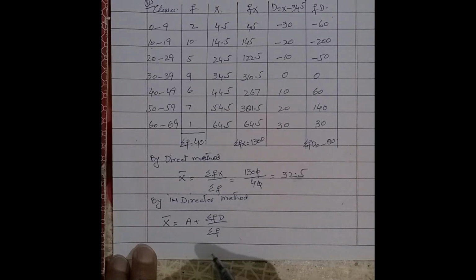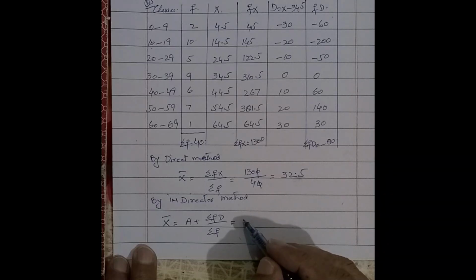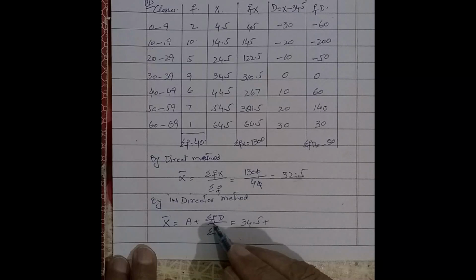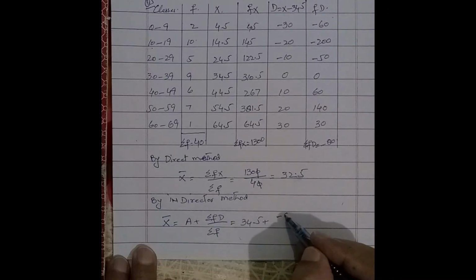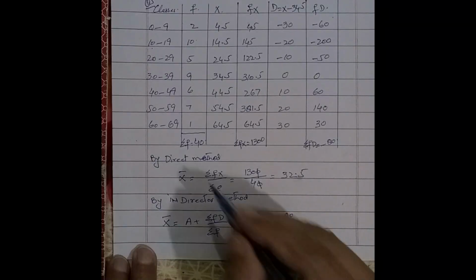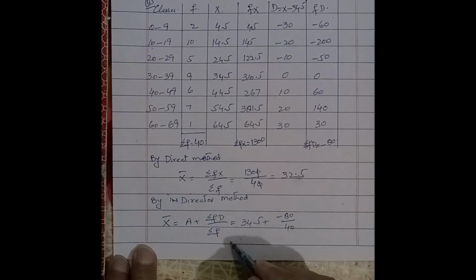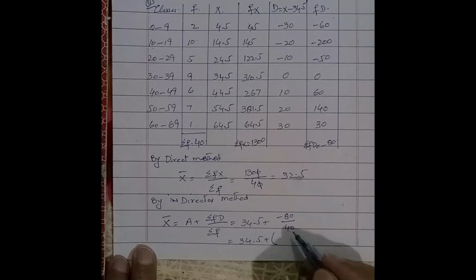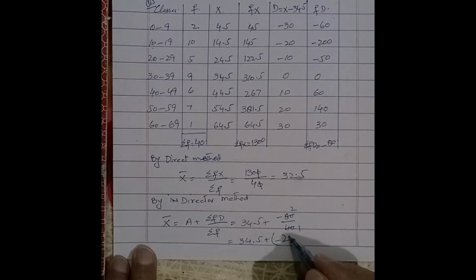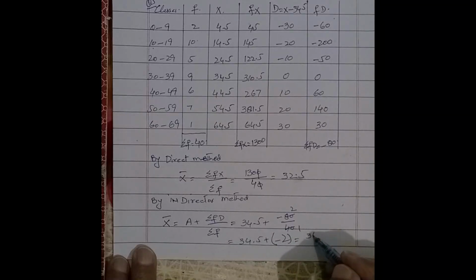Now we put in the values: a is 34.5, plus summation fd is minus 80, over summation f is 40. Now simplify this: 34.5 plus, 40 into minus 80 is minus 2. Now simplify it: 34.5 minus 2, the answer is 32.5.